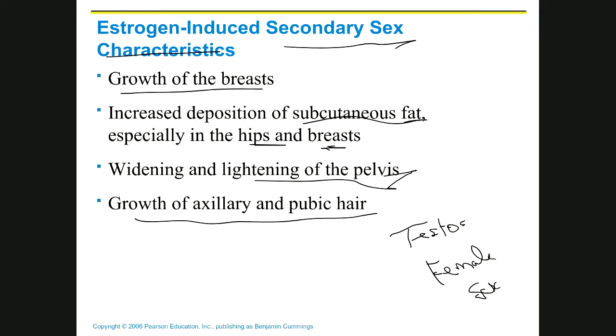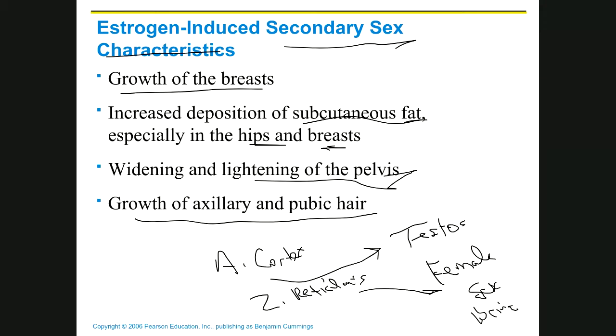Well, the ovary does not make testosterone, so that testosterone has to come from the adrenal cortex. So hopefully you remember the adrenal cortex. It has those 3 zones. This is the zona reticularis. So that's what causes the female sex drive, this testosterone.